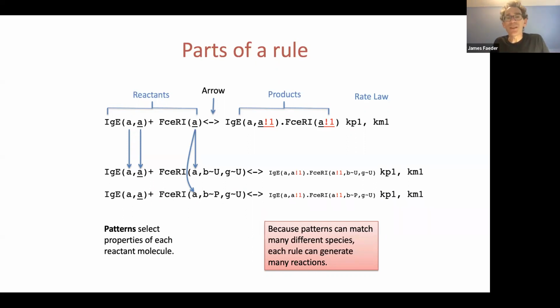Right, and this was the key idea, and this is now repetition, that because you can match many different species, each rule can generate a large number of different reactions potentially. We're not going to do any model building examples of that with our remaining hands-on work today, but there are ample examples in the tutorial set that I showed, particularly the FC epsilon R1 model.